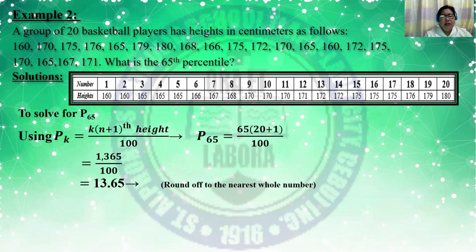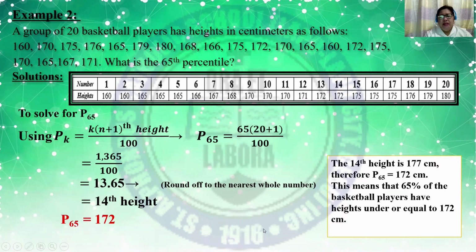So it is 13.65, round off to the nearest whole number, so it's 14. The 14th height is 172. So P65 is equal to 172. This means that 65% of the basketball players have heights under or equal to 172 cm.